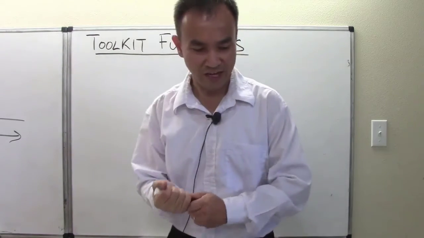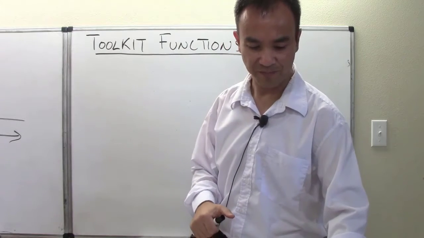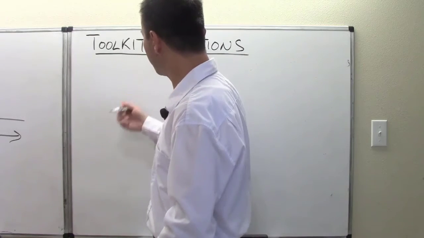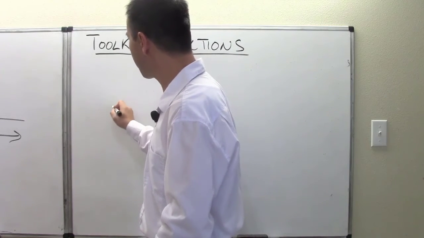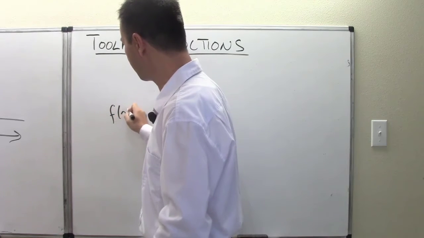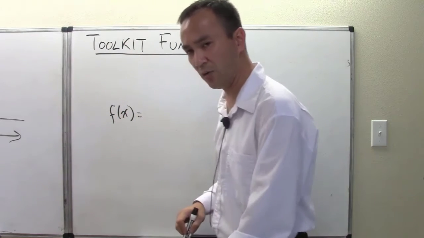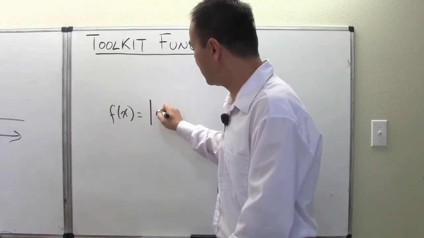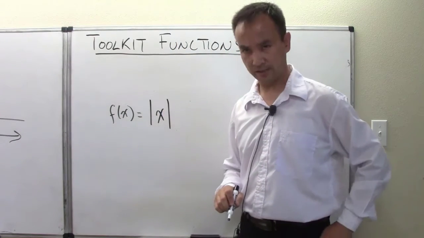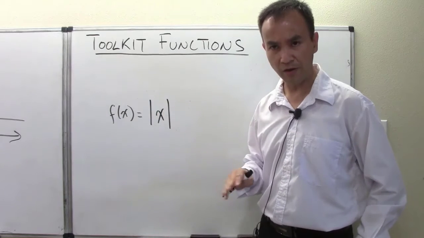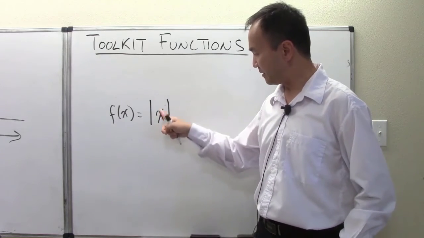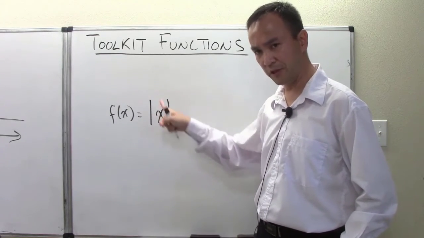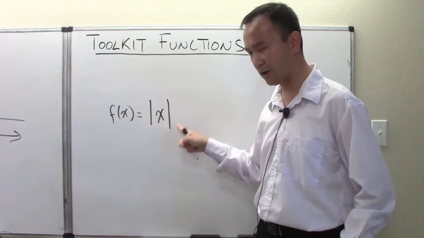All right, and so now among the toolkit functions, let's introduce another function. How about f of x is defined to be the following operation that you've been very familiar with. Yes, there it goes, the absolute value function. This symbol, the two vertical bars, we call the absolute value.